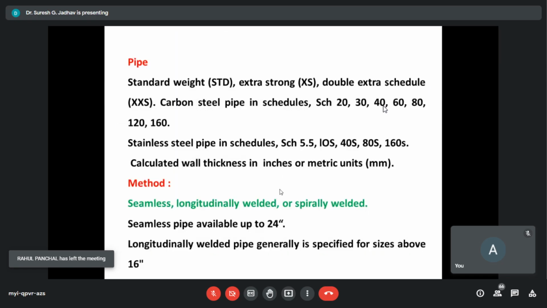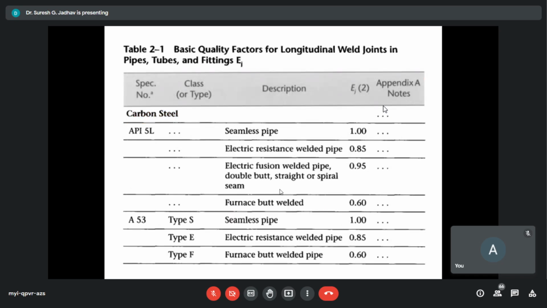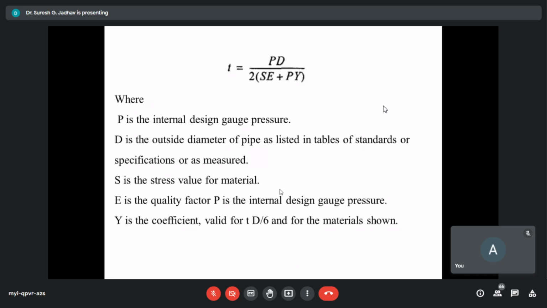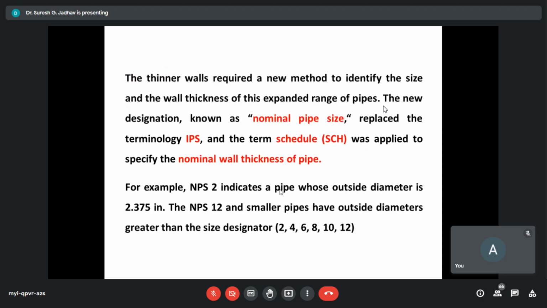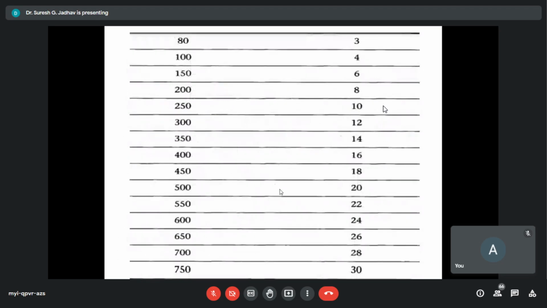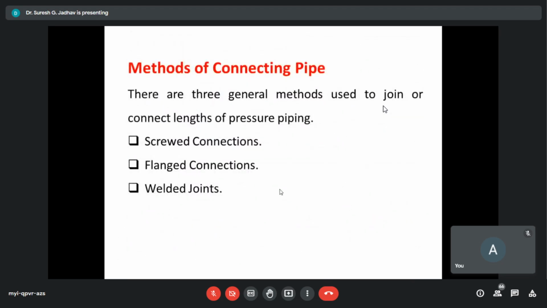This method is generally used for pipe size less than 101.6 millimeter, or in inches, that is 4 inch, for low and moderate pressure.